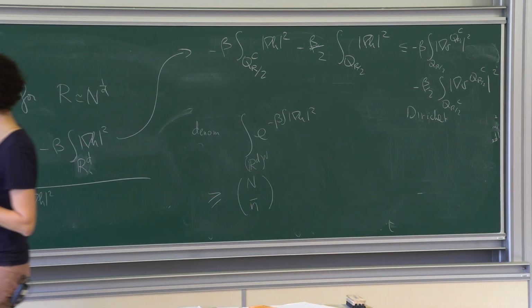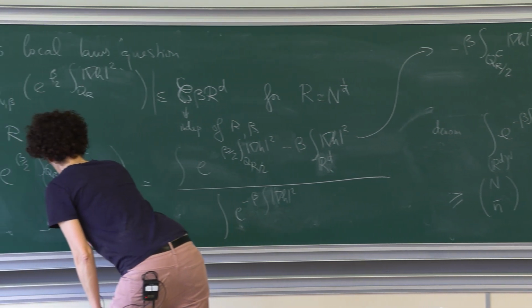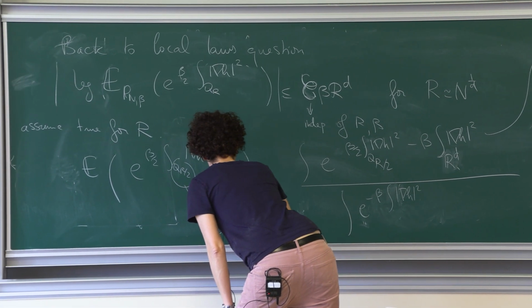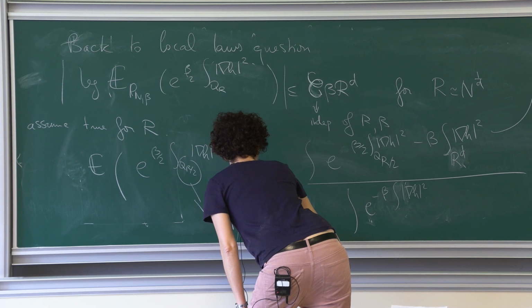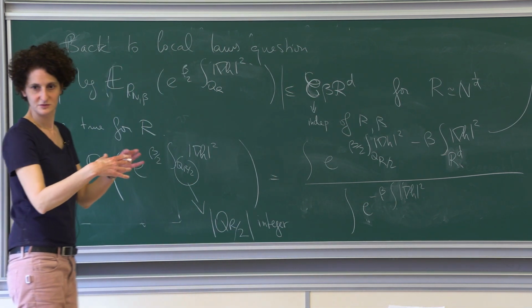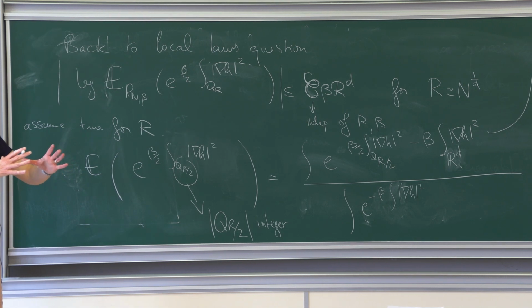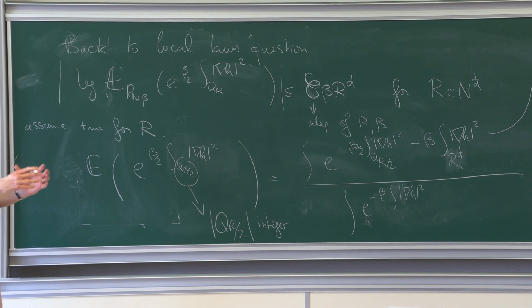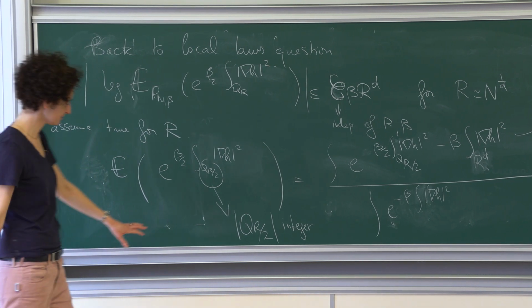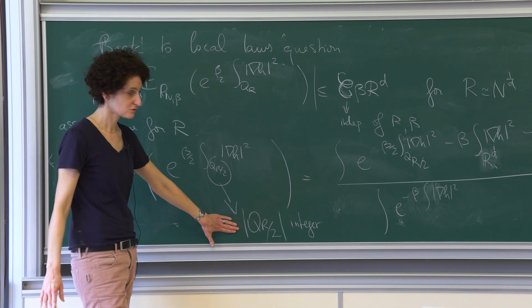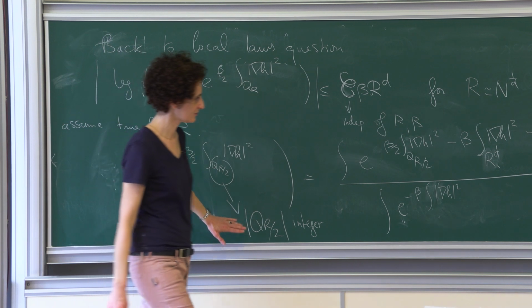Okay, so you ask that the volume of QR over 2 is an integer. This is not restrictive because if you have a general cube, you can always put inside a cube with integer volume and outside a cube with integer volume. So you make it quantized, so it can accept a quantized guy.